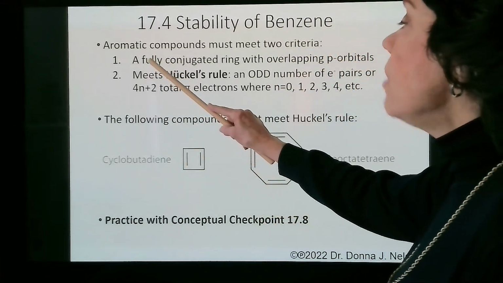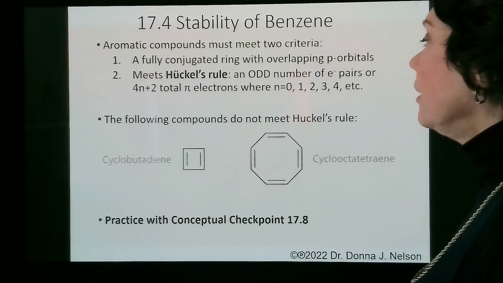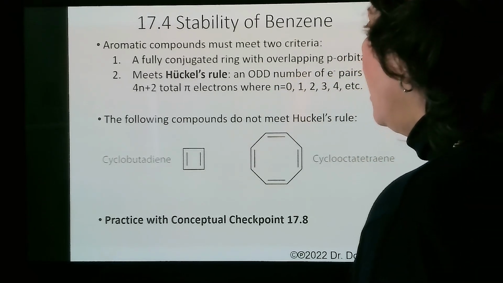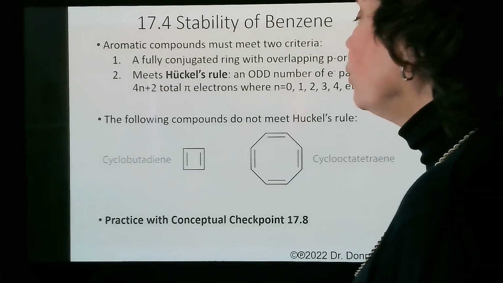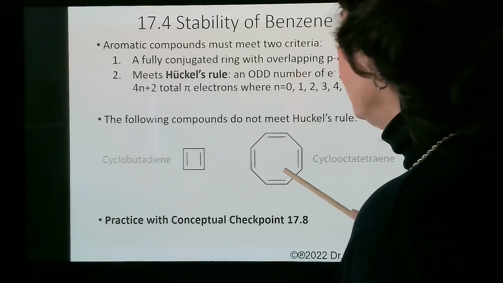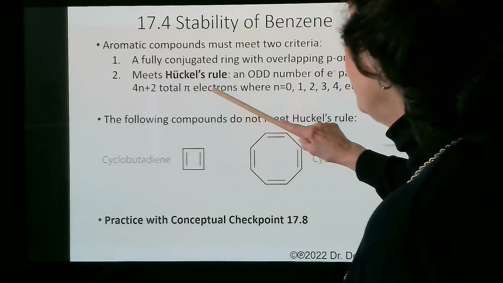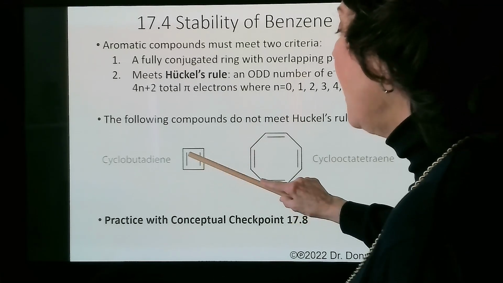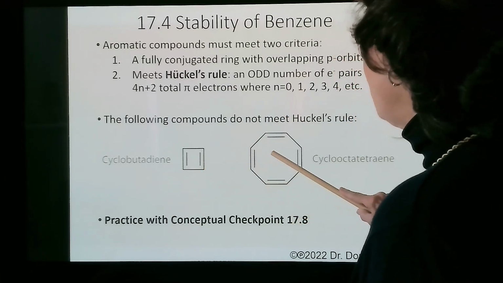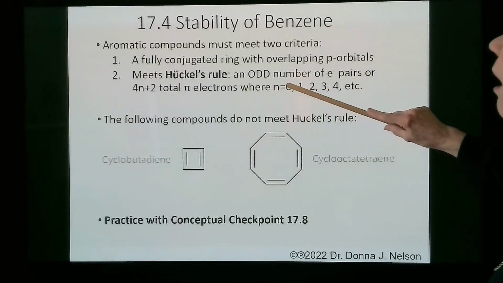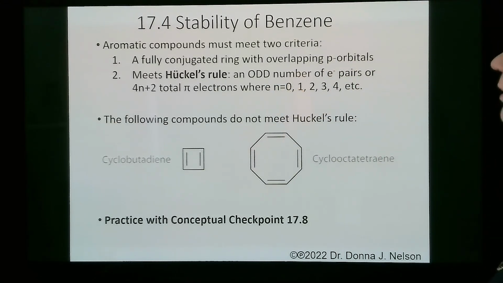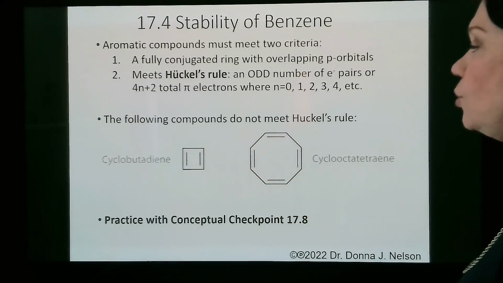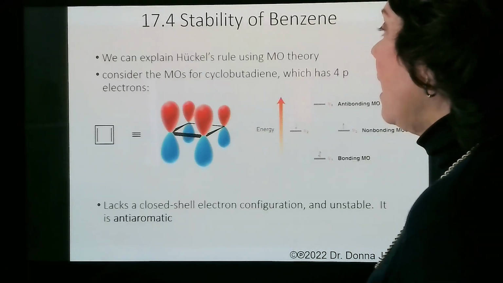So it would not fulfill the first criterion. So here we've been talking about cyclic systems. I've just discussed with you on the previous transparency how cyclobutadiene and cyclooctatetraene do not have an odd number of electron pairs. And so these would not be expected to be aromatic.